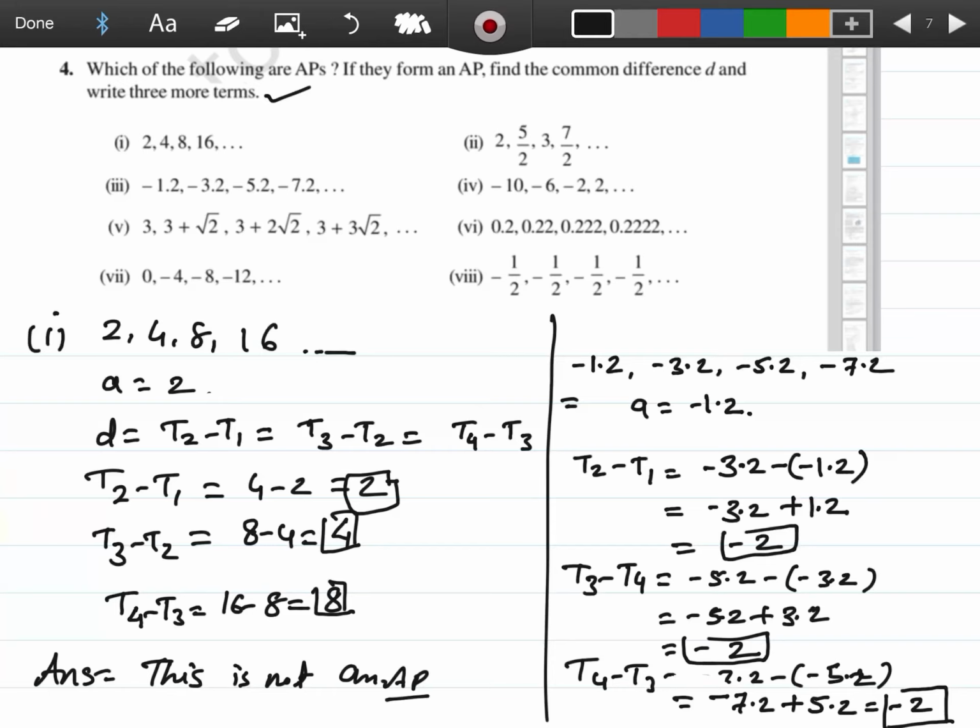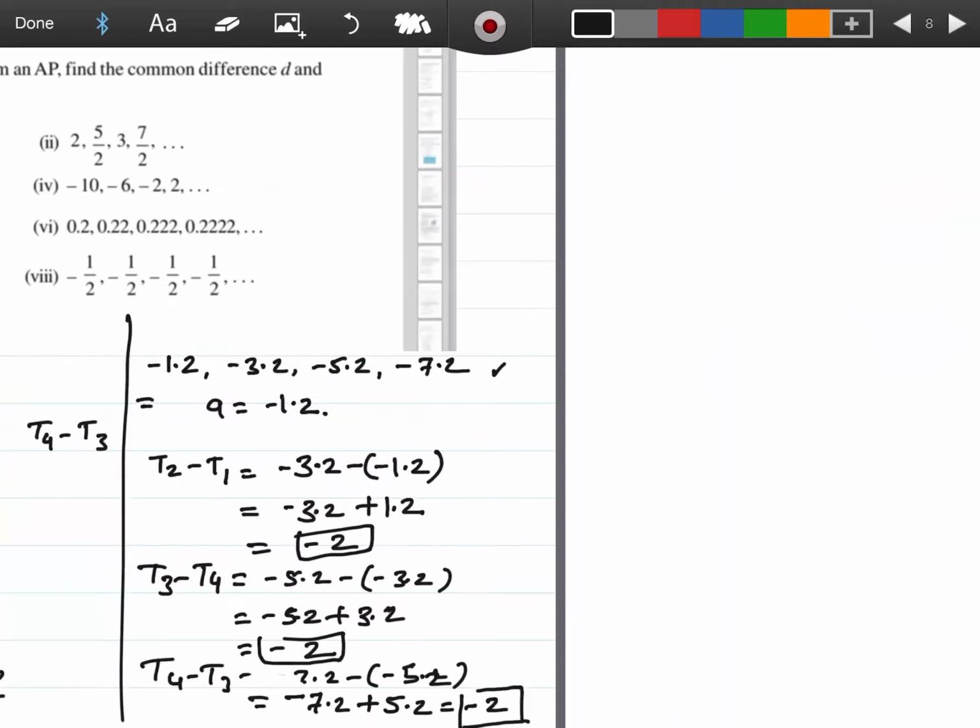And what will be the next three terms? Here, what are we doing? We are adding the common difference. So let us see what the next three terms will be.